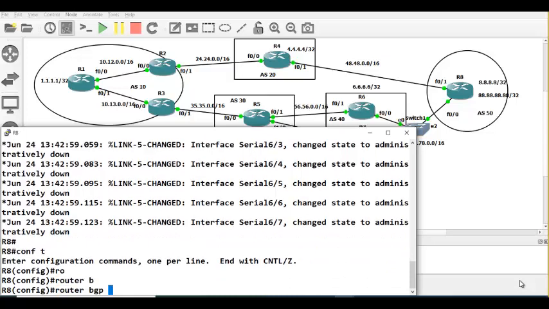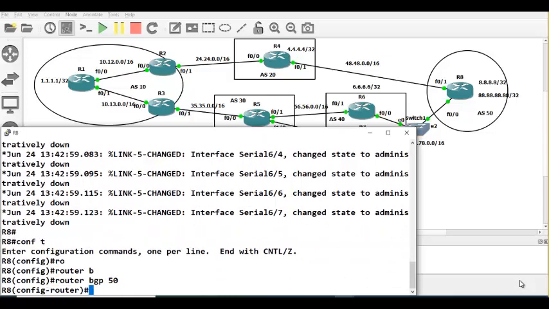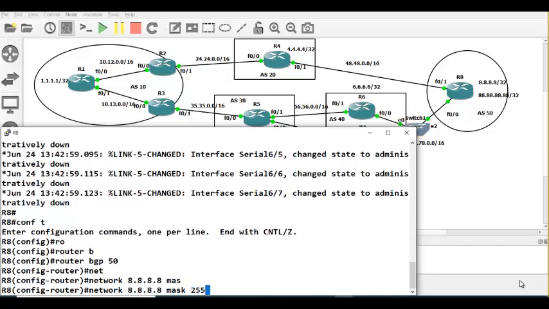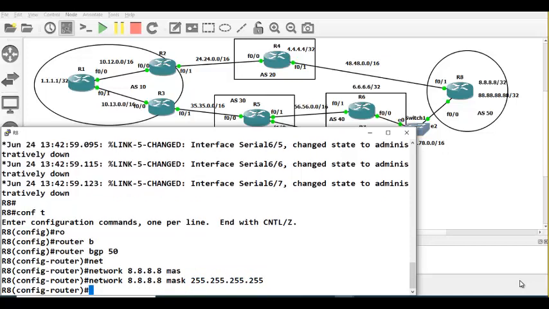Router BGP 50. Network. Another network.